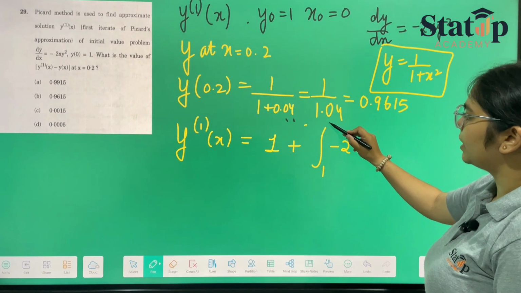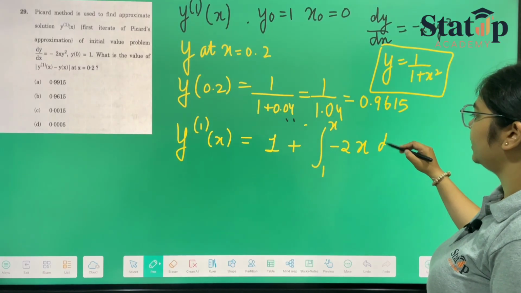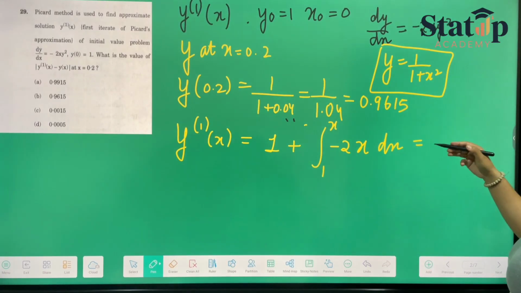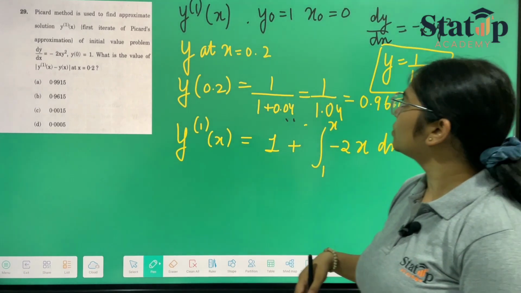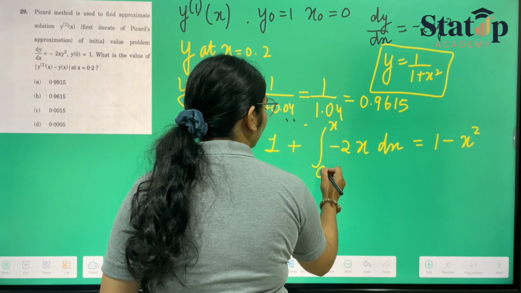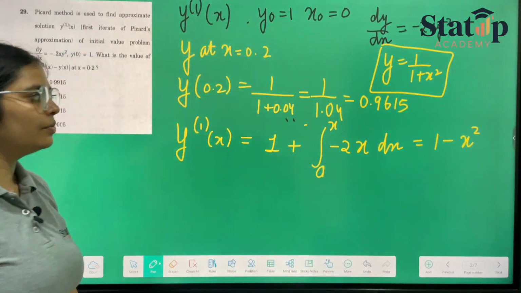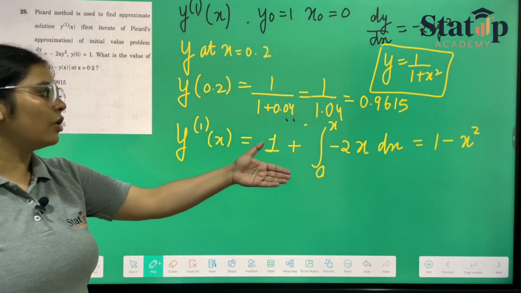From integration 0 to x it will take dx. After solving the integration, we'll get 1 minus x square as our answer, from x naught to x, from 0 to x. So we have got this answer.